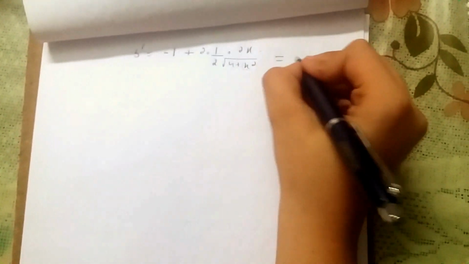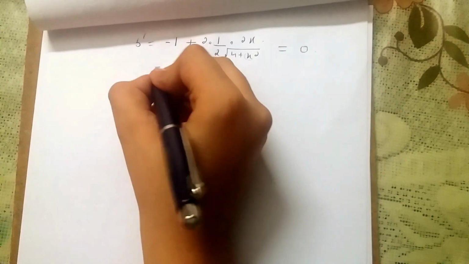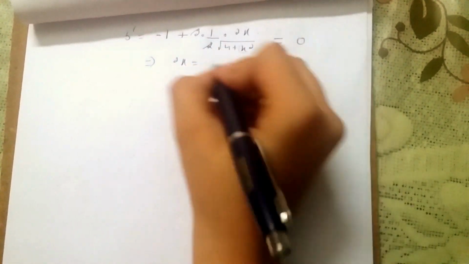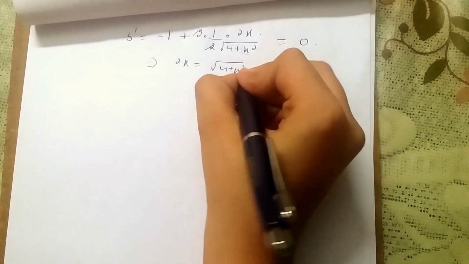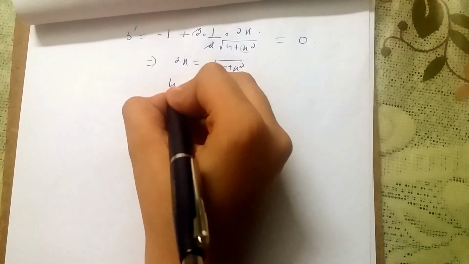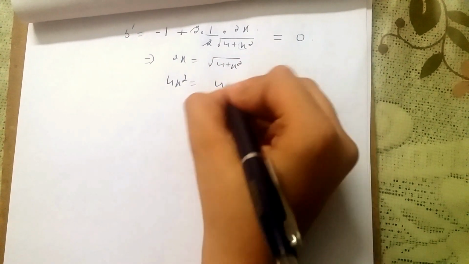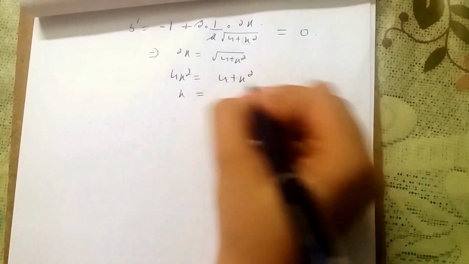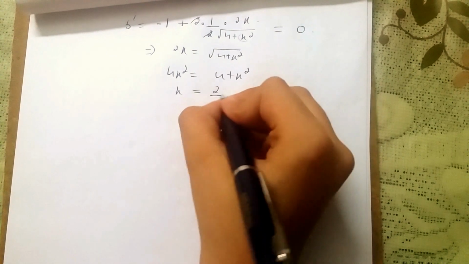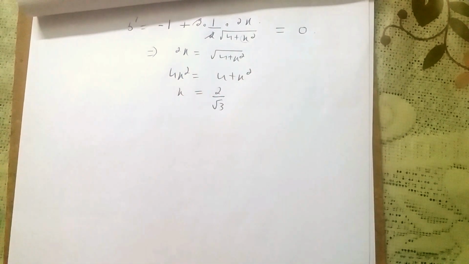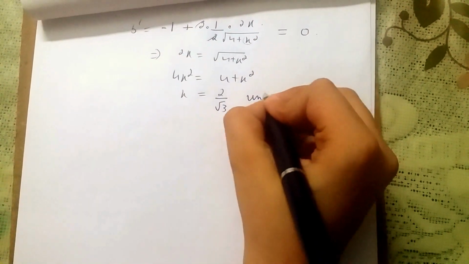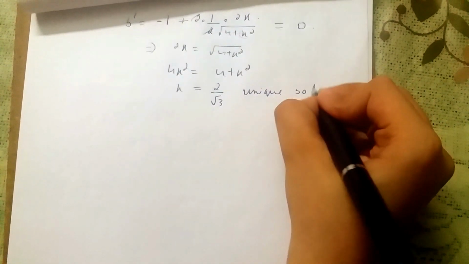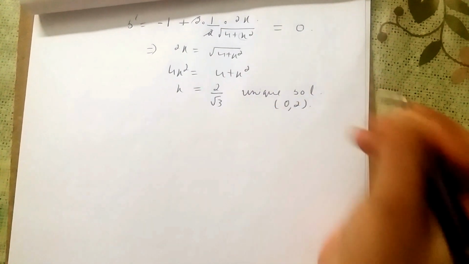We need to put this equal to 0, which implies we will have 2x will be equal to root of 4 plus x square. Squaring both sides, 4x square will be equal to 4 plus x square. X will be equal to 2 by root 3. This is a unique solution in the interval 0, 2.